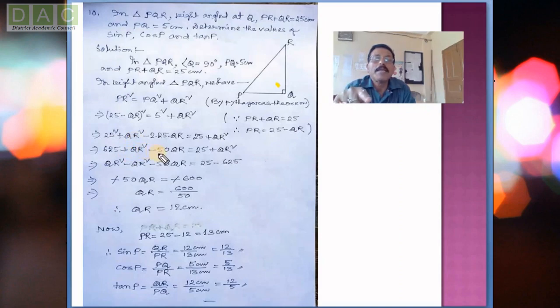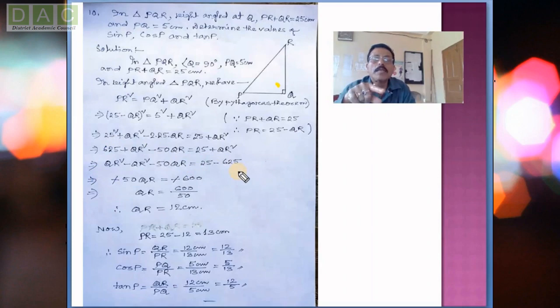Now multiply it, it is minus 50 QR equal to 25 plus QR². Now QR² on both sides you can cancel. Then 50 QR equal to 25, and then take this 625 to the right side, it is minus 625.